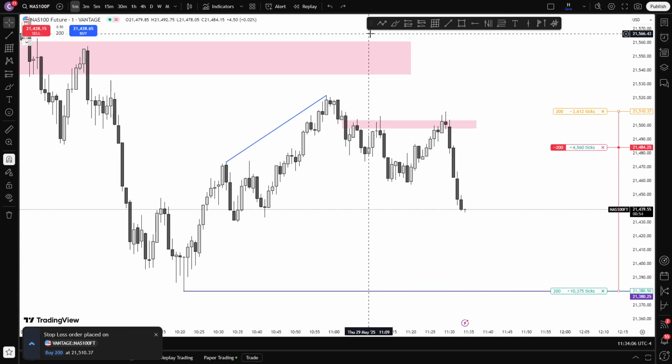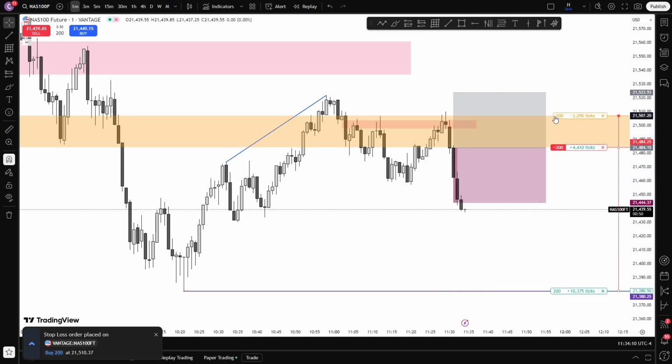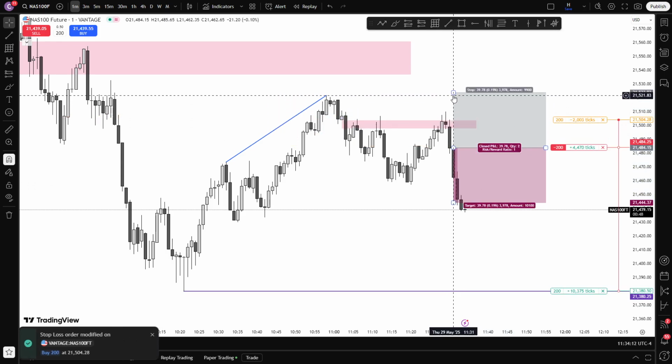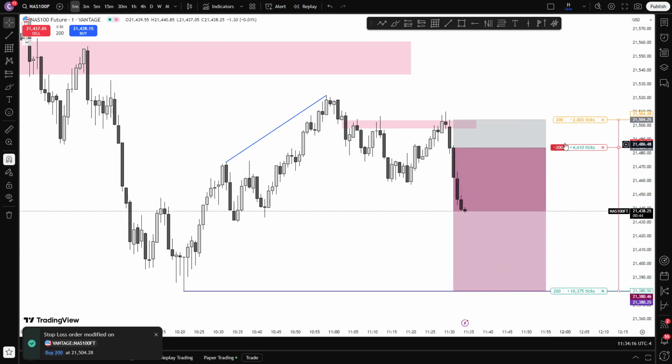So yeah, this trade here, my stop loss would ideally be around here, this candle high, and then that.